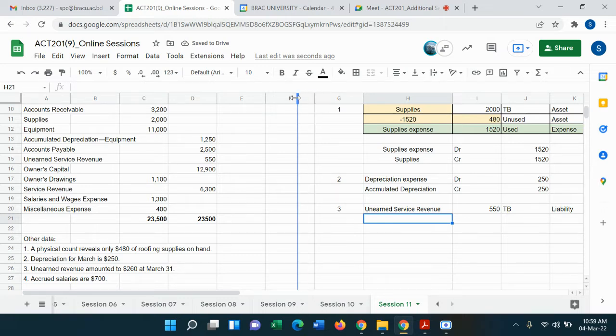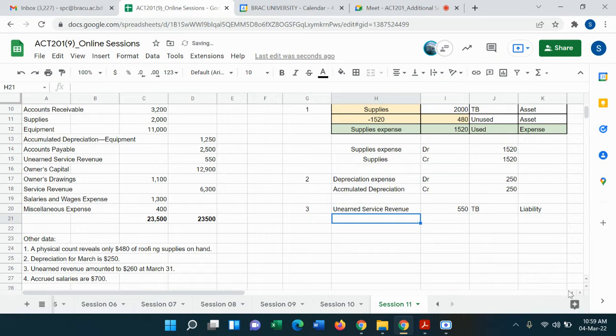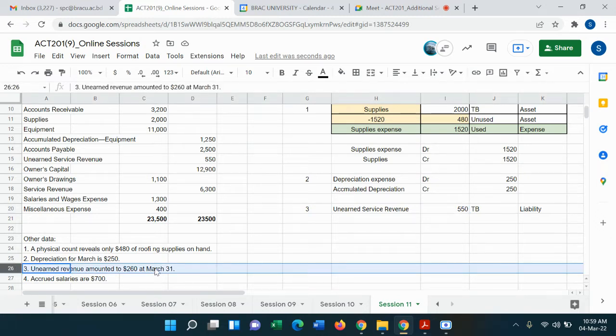So when you prepared the trial balance, you had a liability regarding the unearned service revenue with an amount of 550. Now they mentioned that unearned revenue amounted to $60 at March 31. Can anyone help me to adjust this amount?